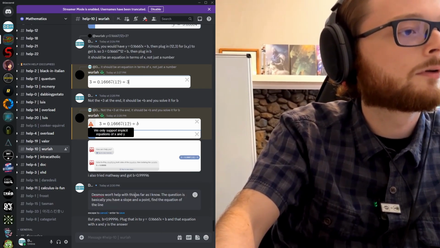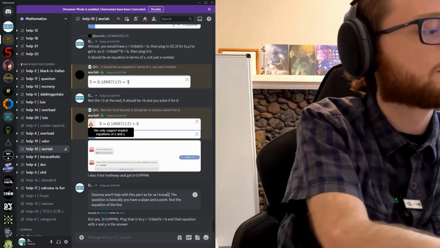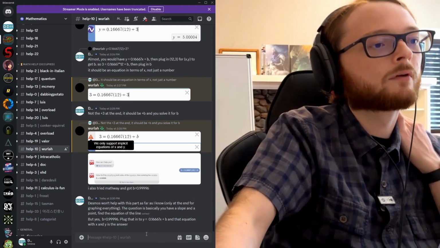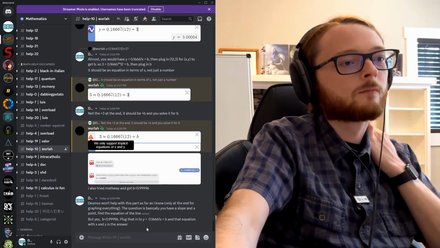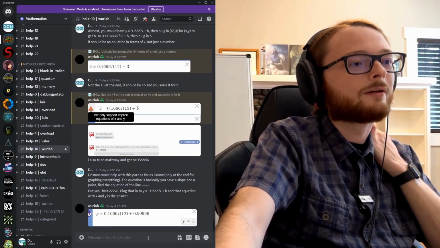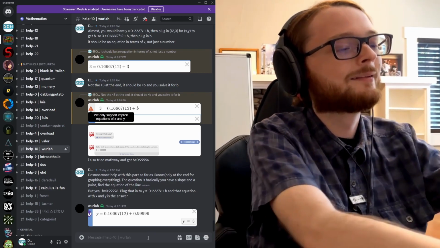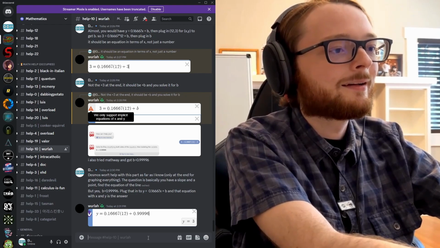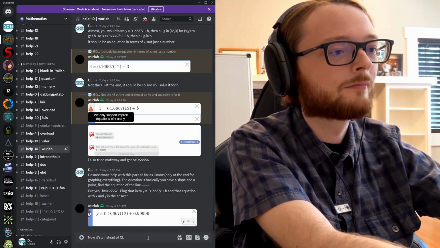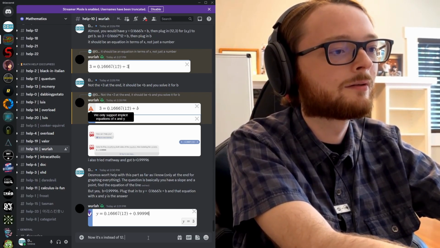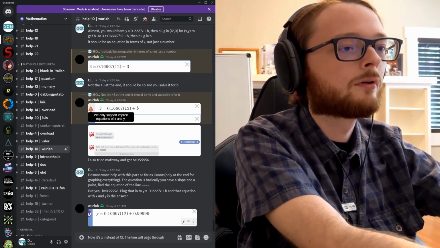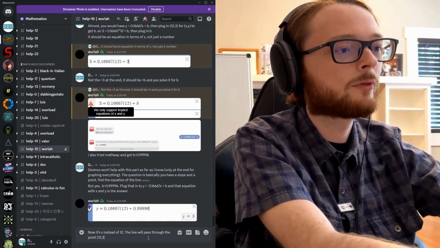Help with this part, as far as I know. Only at the end we're graphing everything. X instead of 12. The line will pass through the point 12, 3.